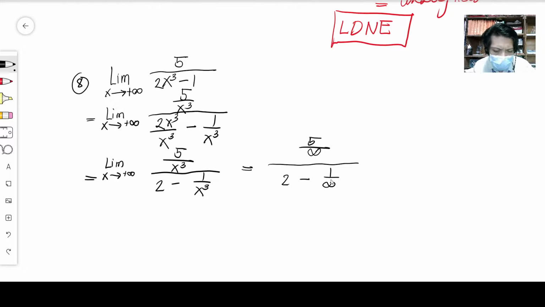Infinity cubed is infinity, right? Infinity cubed is equal to infinity times infinity times infinity. A large number multiplied by another large number multiplied by another large number results in a very much larger number. That's why it is still infinity.